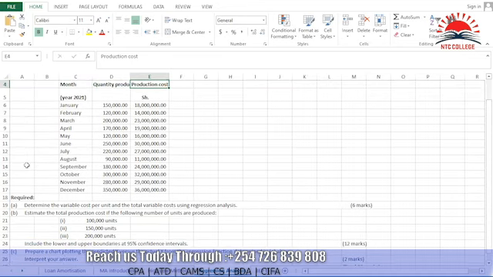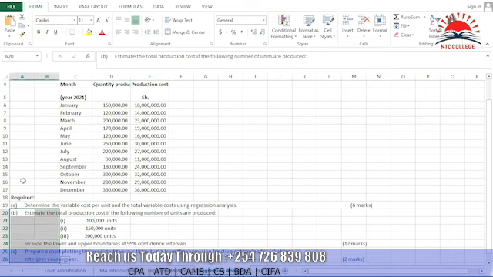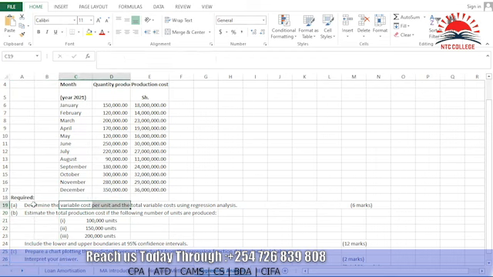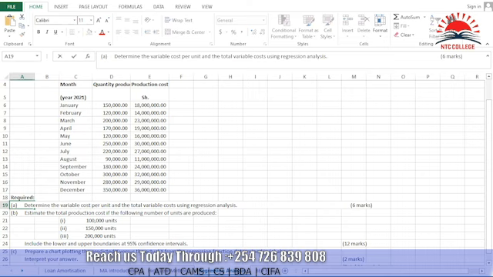The question then requires, and I will start with part A before we come to parts B and C, that we determine the variable cost per unit. And please remember that the variable cost per unit, in that linear equation, is the value of B. So we are told to determine the B value and also which other value?